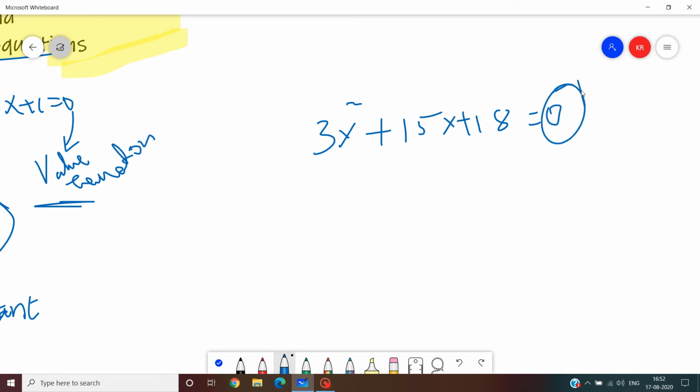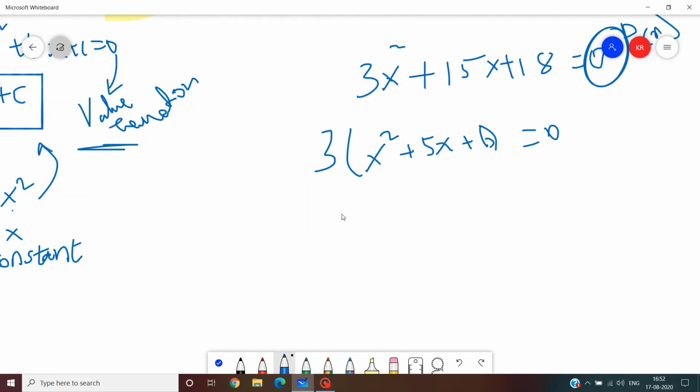Next, coming to the solution: 3, 15 and 18 are multiples of 3, so you can take 3 as common, and we get x square plus 5x plus 6 equals 0.